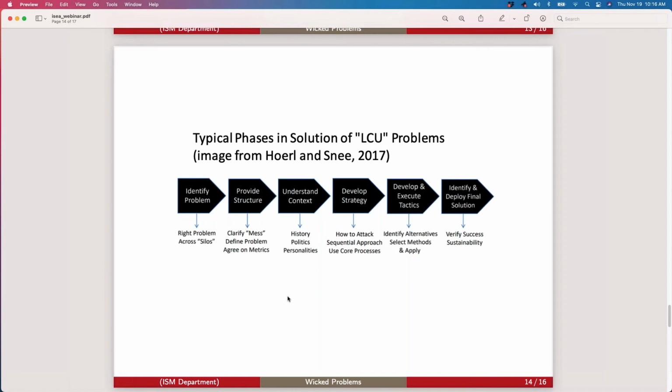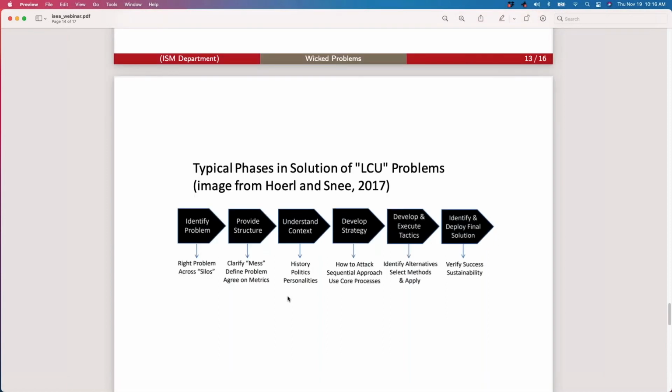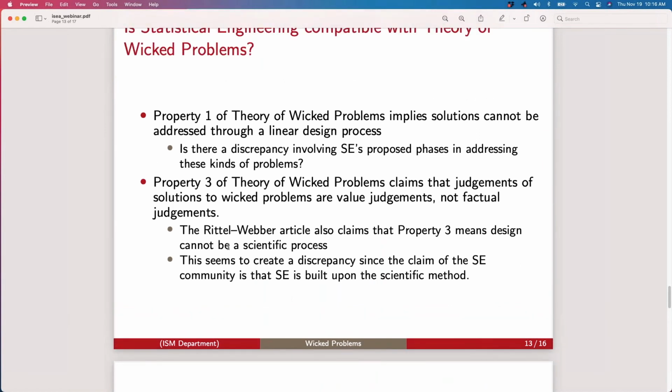But I haven't seen a formal definition of complex problems in the literature, whereas I have seen a formal definition under the theory of wicked problems. So this is one potential discrepancy. I haven't spent enough time to really look into it, but it was just a question that I had regarding philosophical differences. Property three.